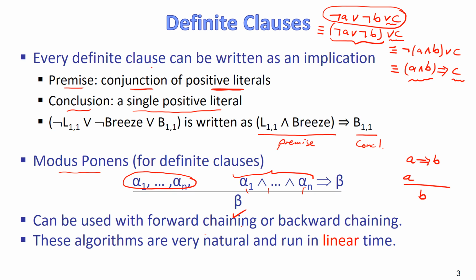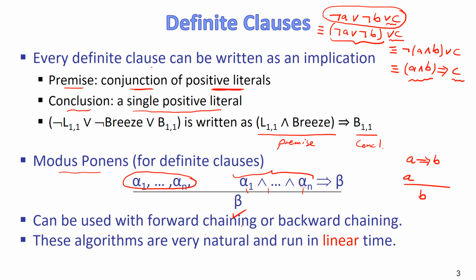That will be very efficient. In addition to that, they are very intuitive to us as humans, because we do that all the time. We keep in mind some rules. Once the conditions of these rules are satisfied, then we keep in mind that the conclusion is satisfied now, and the conclusion now becomes a fact.